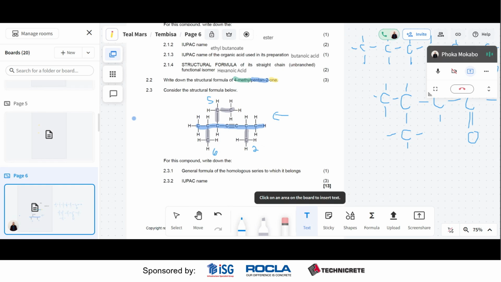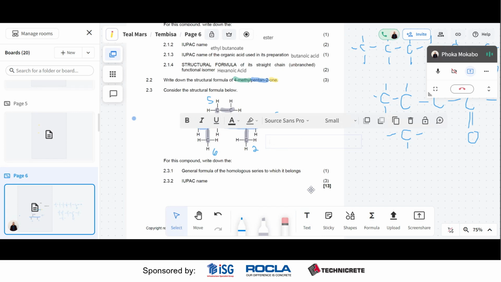When we name this, remembering that it is not an ester, there will be no spaces between each part of the word, but rather we will have hyphens between the numbers and letters, and commas between the numbers themselves.